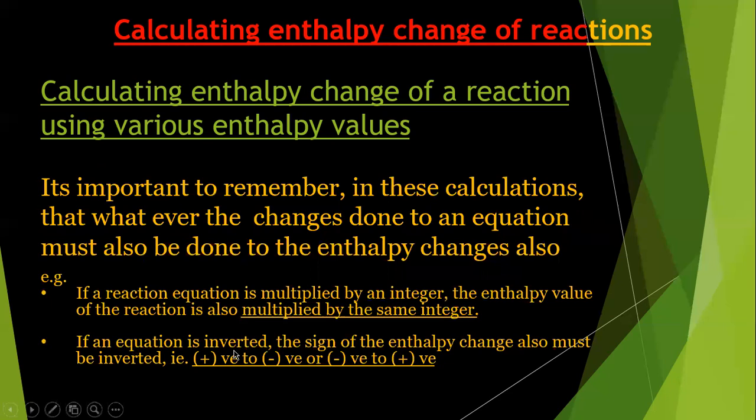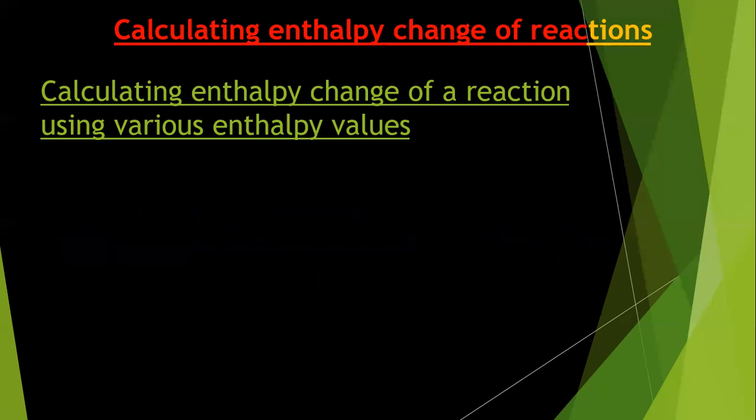If an equation is inverted, the sign of the enthalpy change also must be inverted. For example, positive enthalpy goes to negative enthalpy. Negative enthalpy goes to positive enthalpy. Likewise, it can be explained in a very, very simple manner.